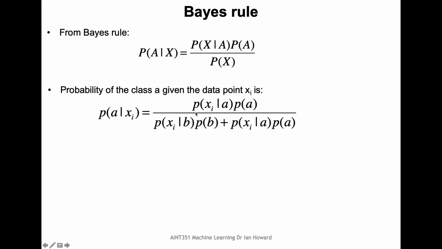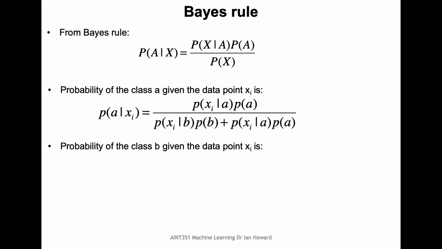What we will find is that we don't actually need to calculate this term anyway, because we're just going to be comparing the probability of A given x with the probability of B given x, and in both cases we have the same denominator, so we won't have to work that out if we implement this.